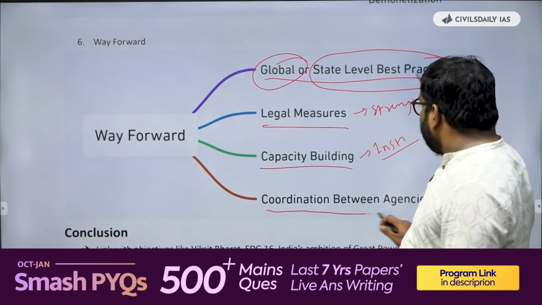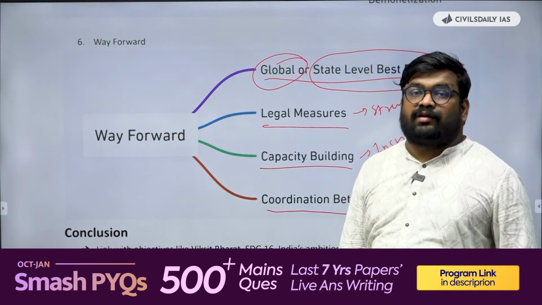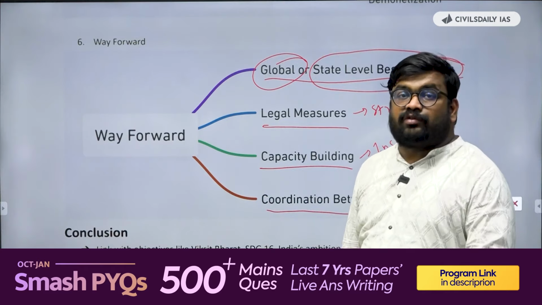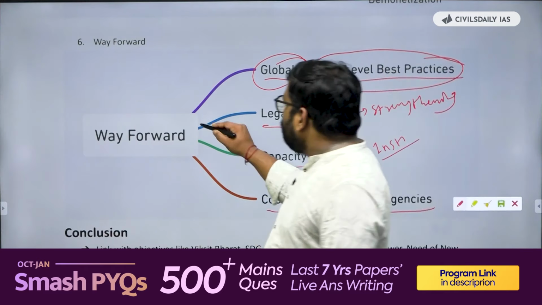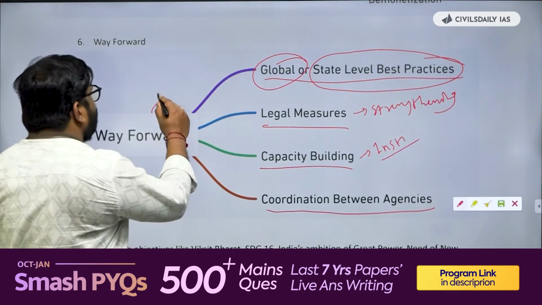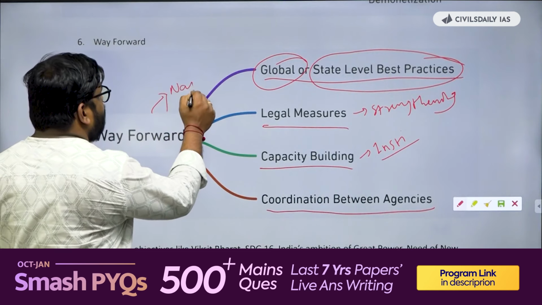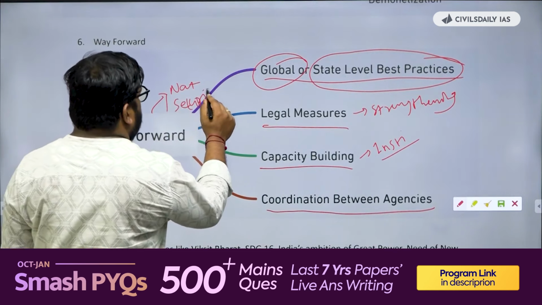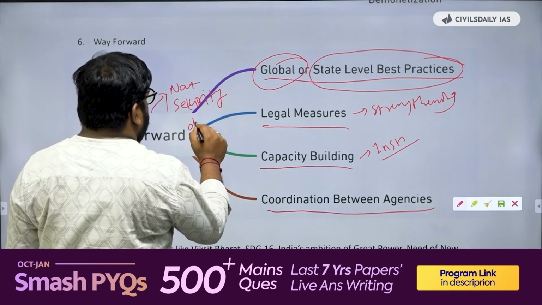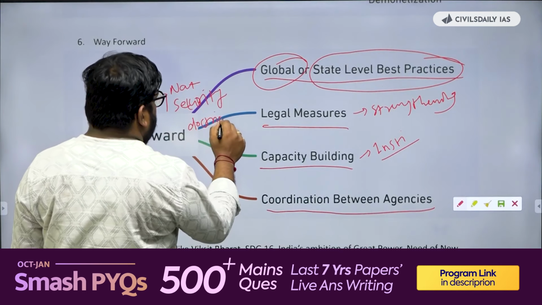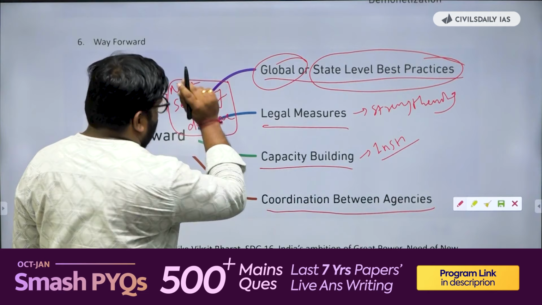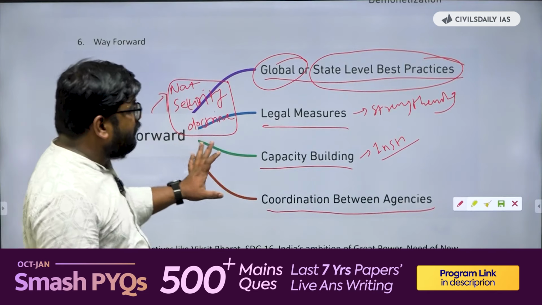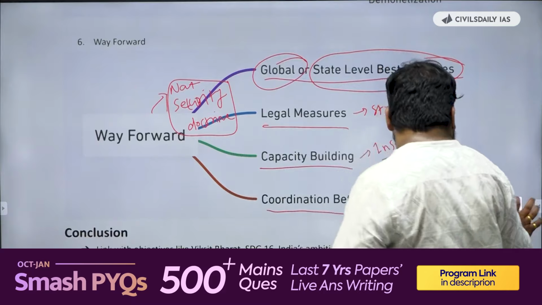Then coordination between the agencies, majorly the intelligence agencies. This you can use as your way forward. And one common way forward that you can always use is the national security doctrine. So this way forward you can use in almost all of the questions.